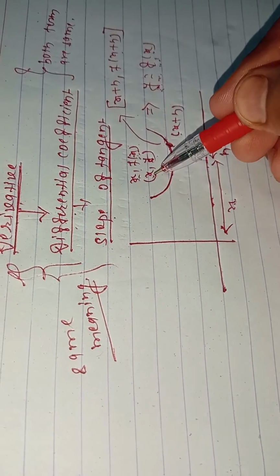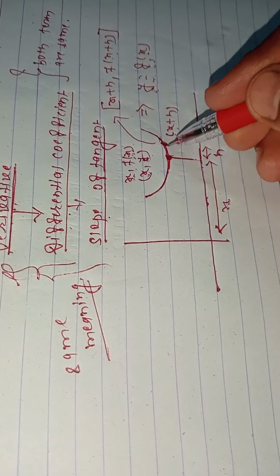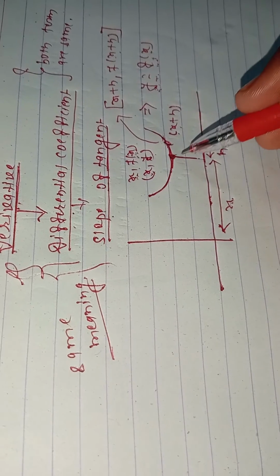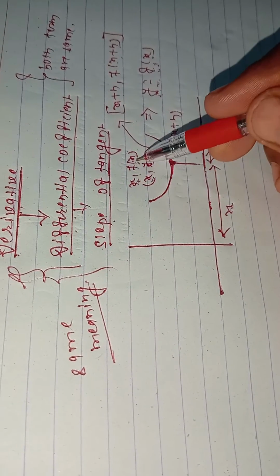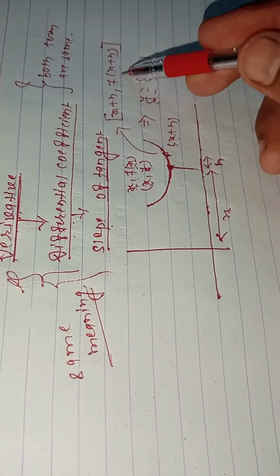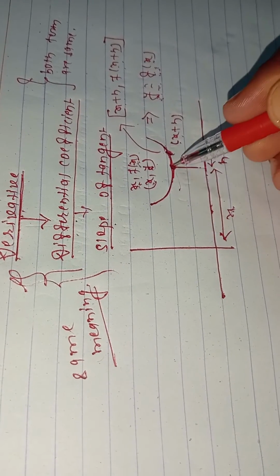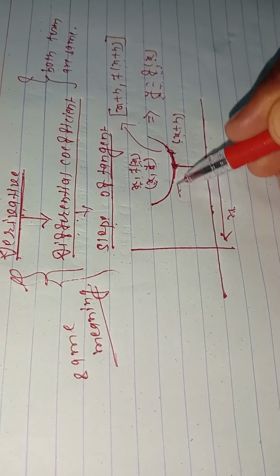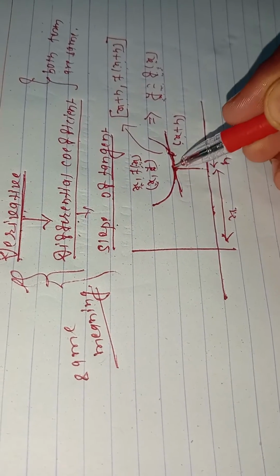So you now have two points. The first point is (x, f(x)), the second point is (x plus h, f(x plus h)). Now join these two points. When you join these two points, you get a straight line.